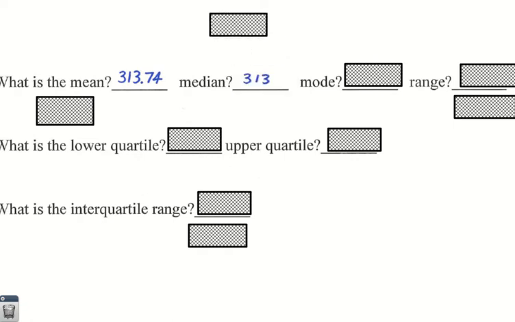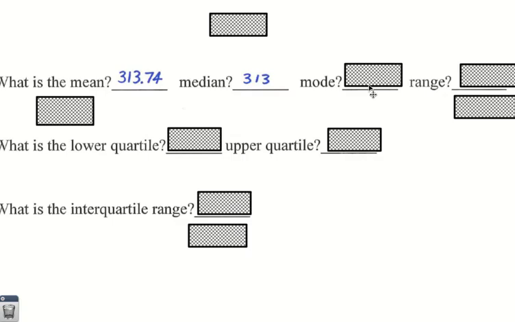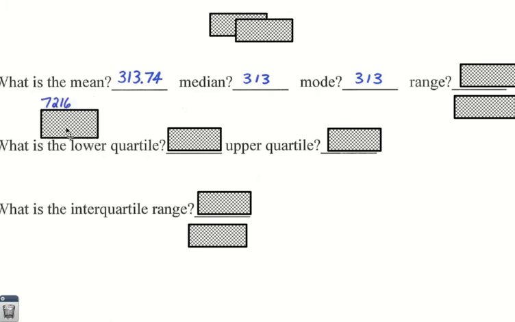So the median is 313. The mode, if you recall, is the number that occurs the most. And I'm going to go ahead and say that it looks like 313 is also the mode because we had 3 of those. And then the range, people, oh well, I guess really quick, this pertains to the mean, right?